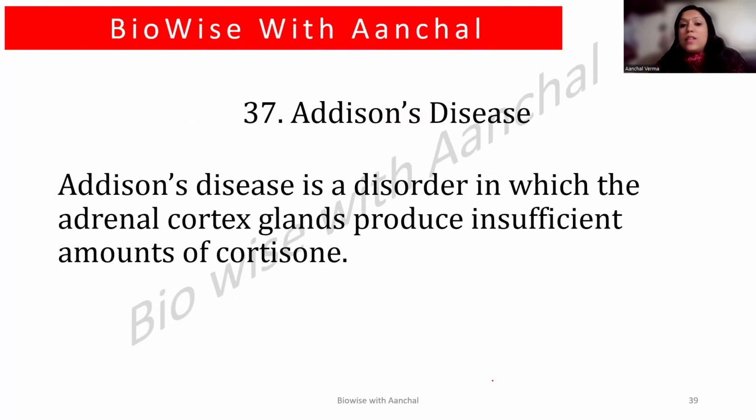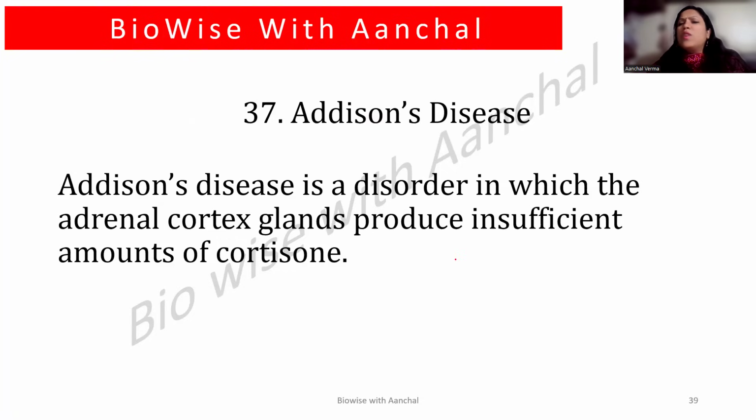So next one is Addison's disease. Now we are talking about the diseases in the endocrine system chapter. So in Addison's, A comes first and C comes later. So Addison's is hyposecretion of the adrenal cortex gland secretions, that is hormones, cortisones, and Cushing syndrome will be hypersecretion of the cortisones. So Addison's disease is a disorder in which the adrenal cortex gland produces an insufficient amount of cortisones.